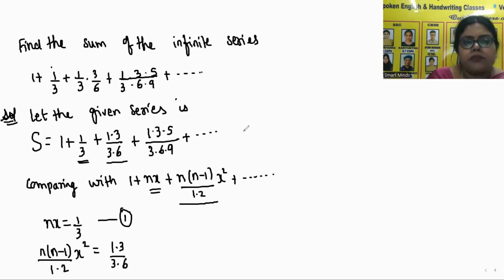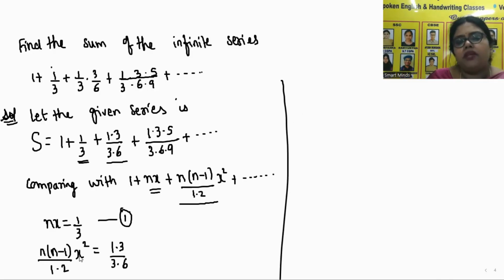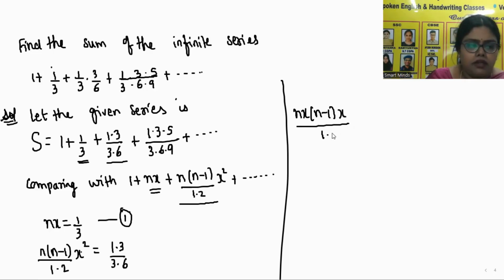Now see, from here you have x square. One x I am writing along with n. So nx into (n minus 1) into x by (1 into 2) is equal to (1 into 3) by (3 into 6). Now this x I will take inside the bracket.